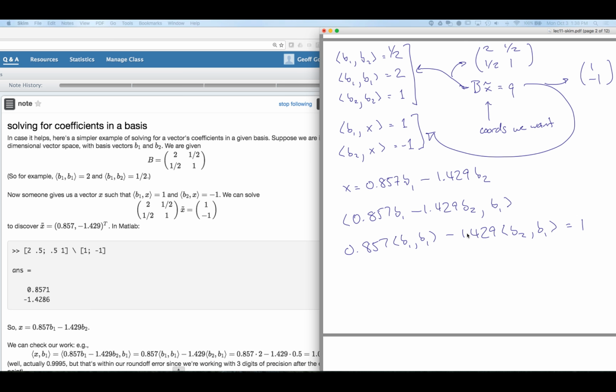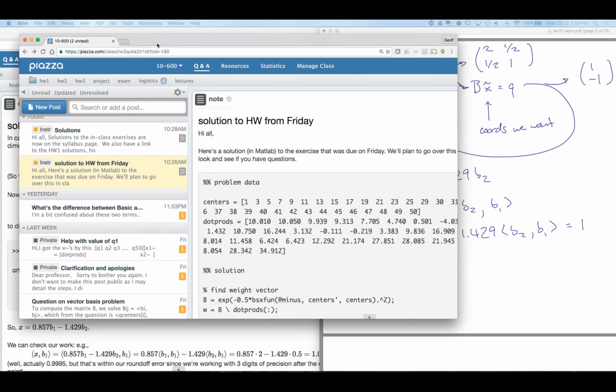So now let's go back and I'm going to take a look. Earlier this morning I posted the solution, the code for the solution to the Friday exercises on Piazza.